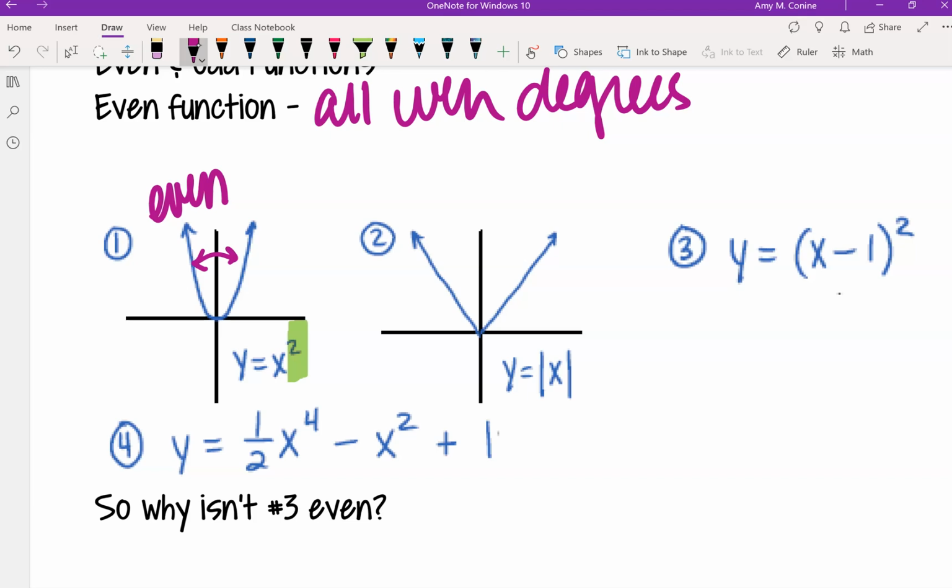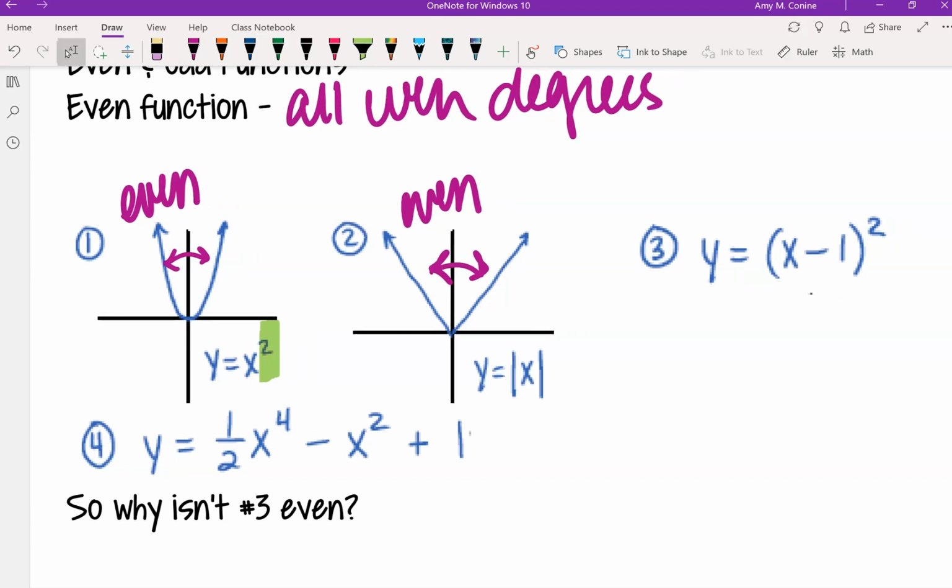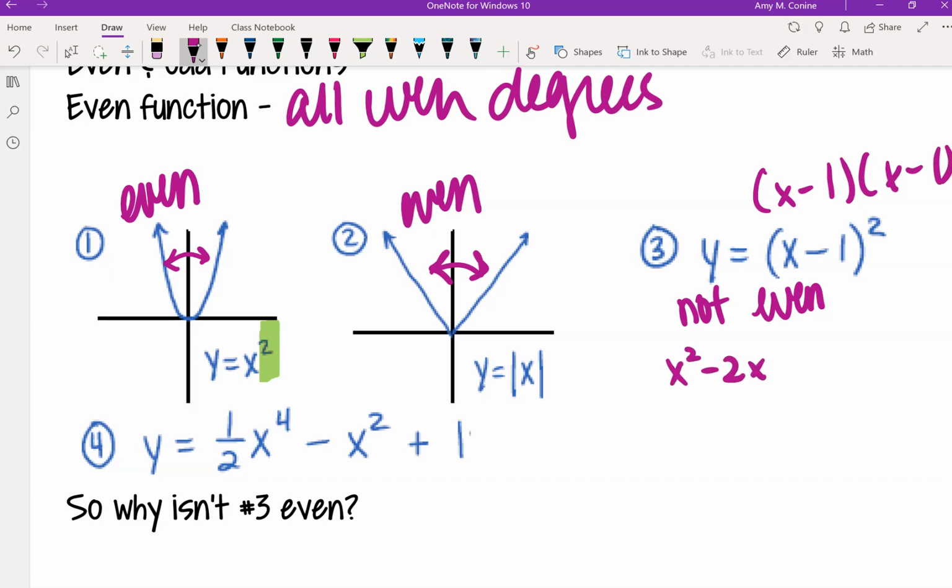So then number 2 for absolute value is even because it's symmetric if you reflect it across the y-axis, okay? So number 3 is not even, okay? It is not even because if you expand and FOIL, you get x squared minus 2x plus 1. This little x in the middle has a power of 1. This constant has a power of 0, which is even, but this 1 right here makes the function not even anymore.